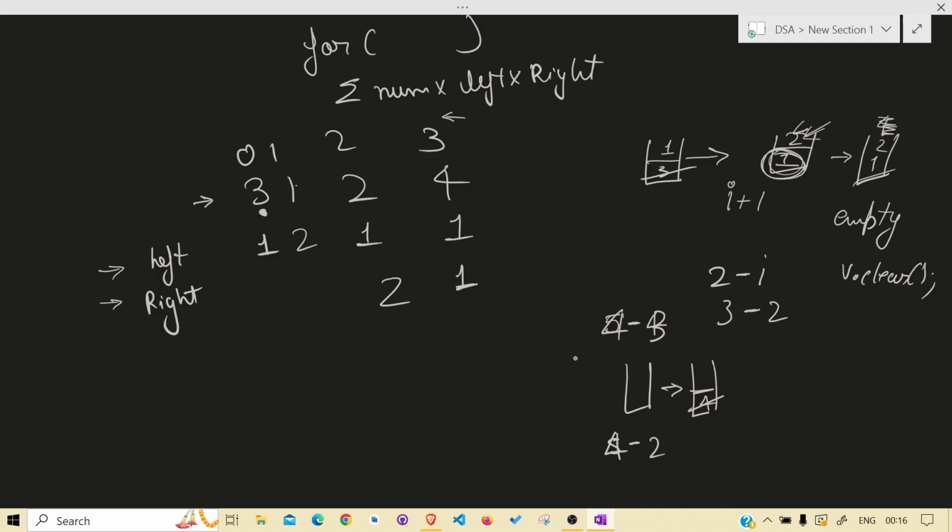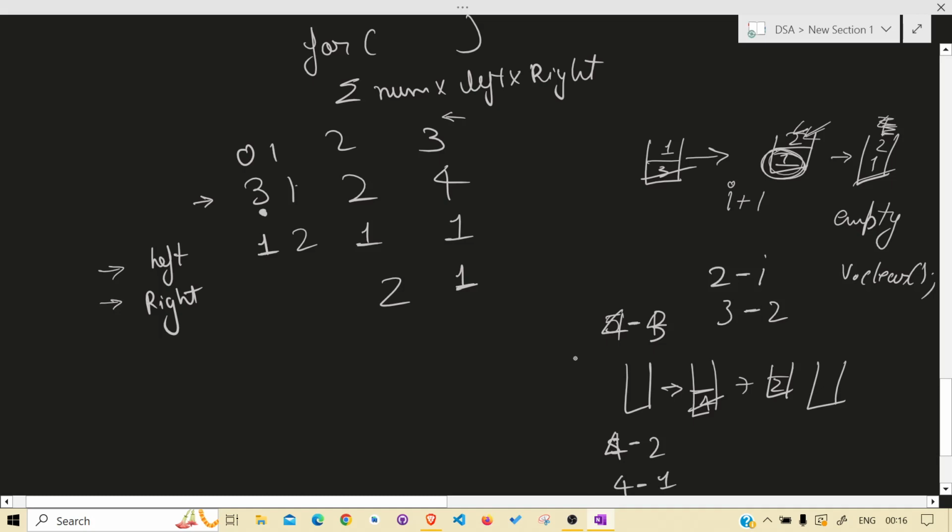Now comes the 1, 2 is pushed, but it is an increasing stack, so it will be popped. Stack is empty again. What will happen? 4 minus 1, this time again 3.